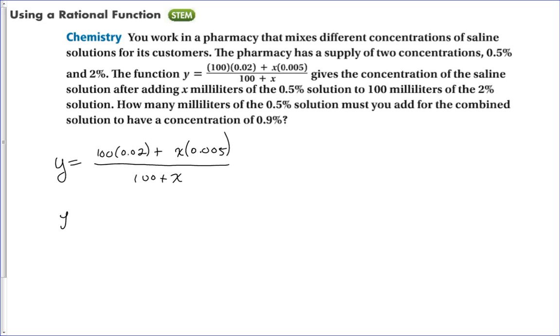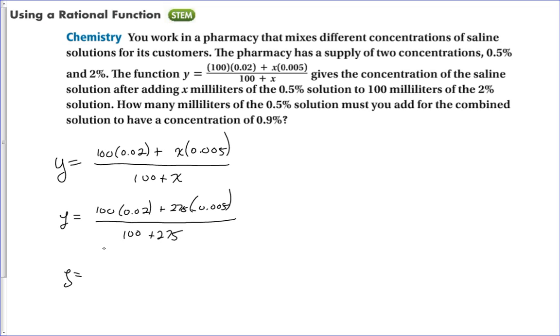So we just have to put in 275 for both of the x's. Plus 275 times 0.005, all divided by 100 plus 275.